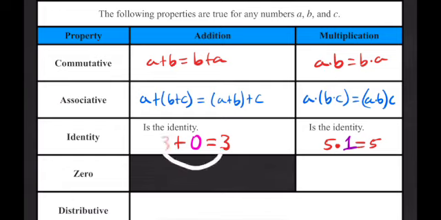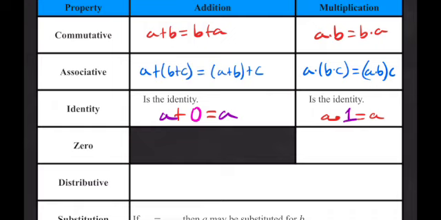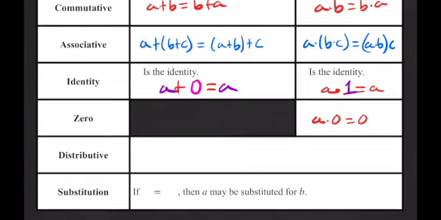I'm going to change these so that they're variables now. So instead of putting 3, I'm just going to put in general a. Instead of putting 5, I'm going to put in general a. The multiplicative identity is 1. The identity for addition is 0. The 0 identity, if you multiply anything by 0, you always end up with 0. Okay, that's the 0 identity.